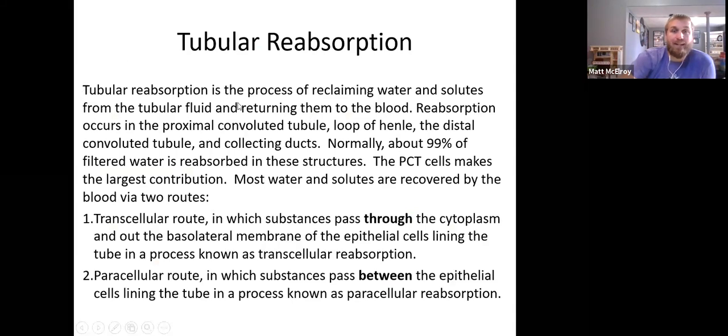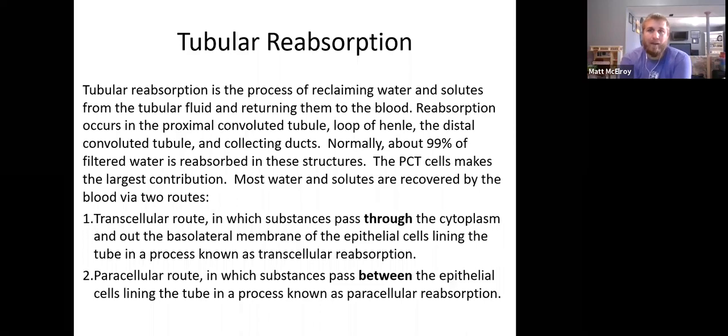Defining tubular reabsorption, again, we've already defined it once, but this is the process of reclaiming water and solutes from our tubular fluid, returning them to the blood. It occurs in the proximal convoluted tubule, the loop of Henle, the distal convoluted tubule, and we finalize it in our collecting ducts. We said we filter out like 45 gallons, I think that was the statistic, of water and other stuff, what we call filtrate, per day.